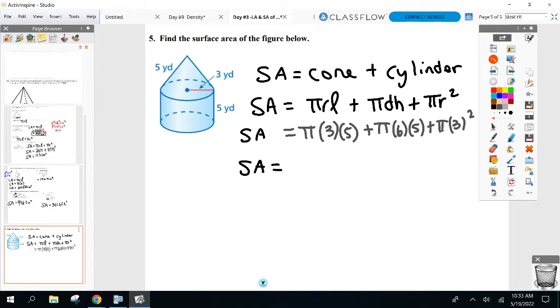And I'll make the directions here. Let's go nearest 10th. A lot of pies there, a lot of pies.